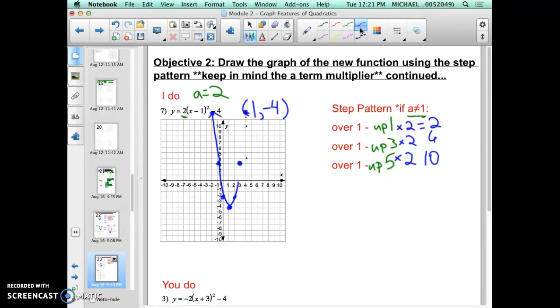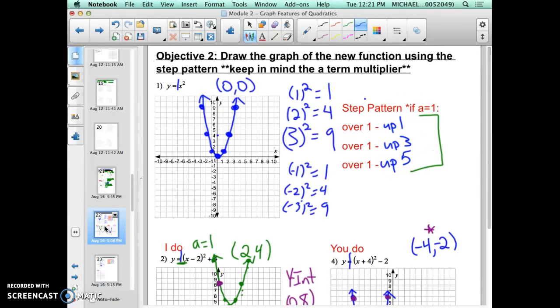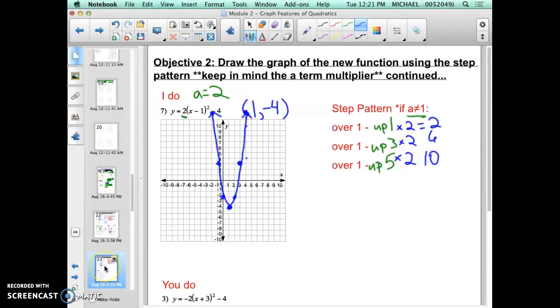If you notice, compared to parabolas where the a multiplier is 1, this one has gotten vertically skinnier, so it's stretched vertically by a factor of 2. So anytime that the a is not 1, it will be stretched vertically by whatever that factor is. So if a is 3, it will be stretched vertically by a factor of 3.